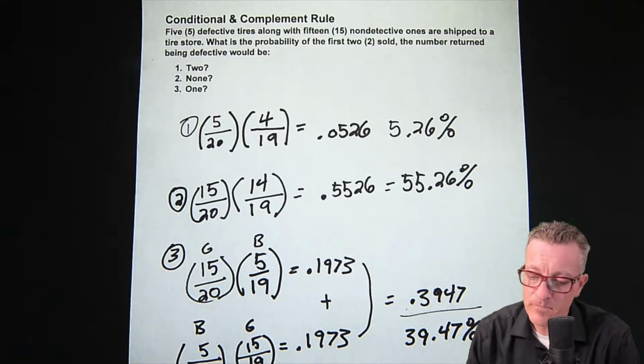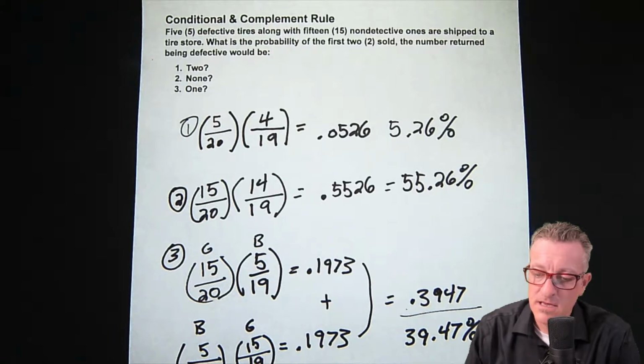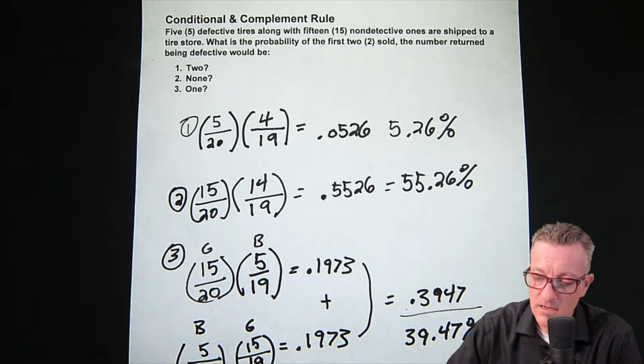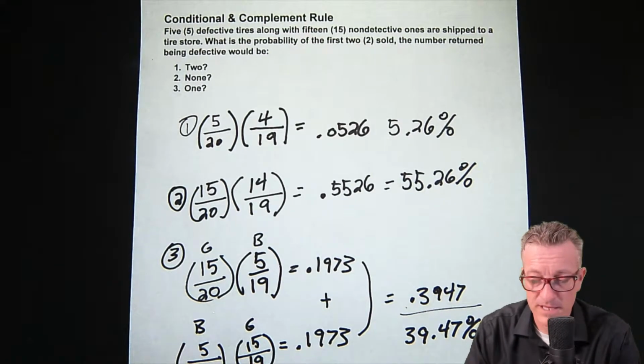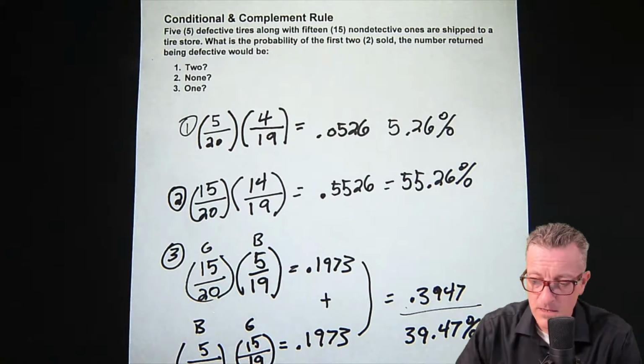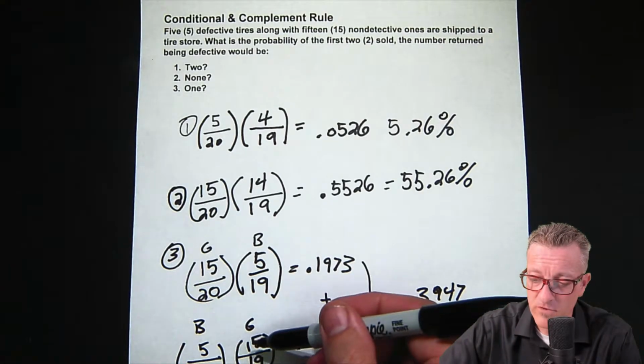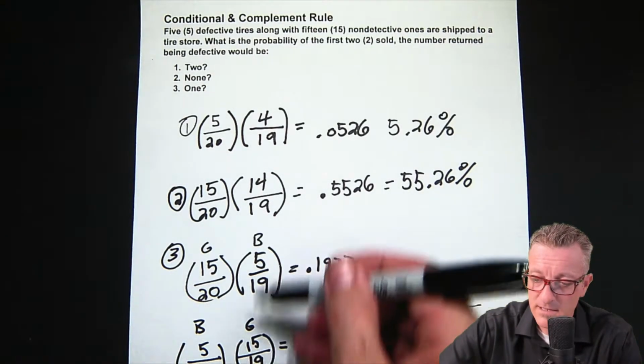Okay, so the tricky part about this is remembering that with each draw, the tire is not being replaced, so it's without replacement. So you always have 19. The denominator always decreases with each draw. And then you have to remember whether you're looking for good or bad, and what is left.